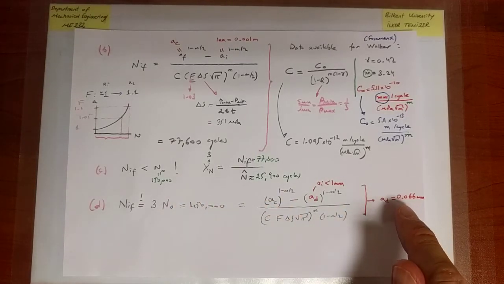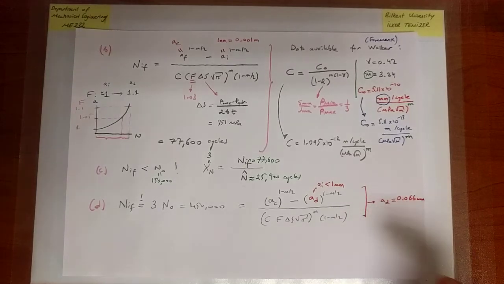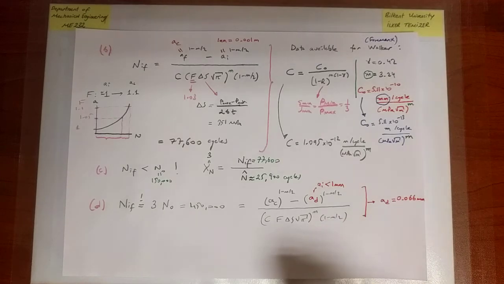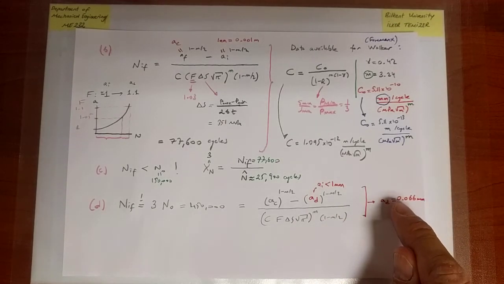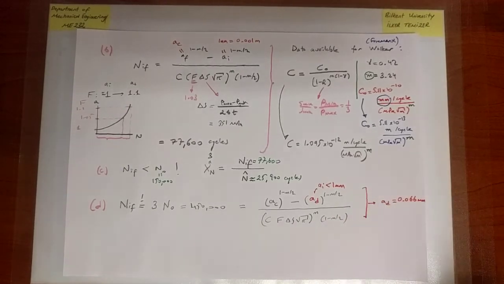But for instance, suppose it turns out that this value is too small for any instrument you have available. There is no instrument that measures a crack of size less than 0.1 millimeters, let's say, which means therefore that you will have to do service at one point or another.